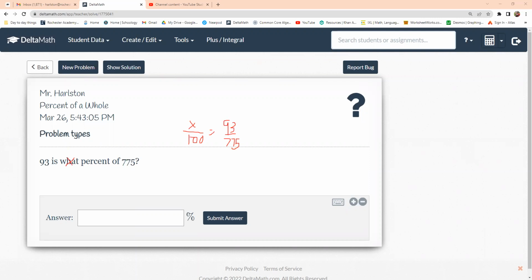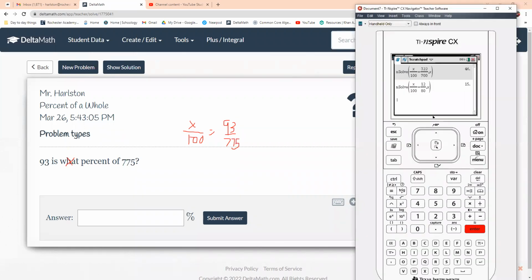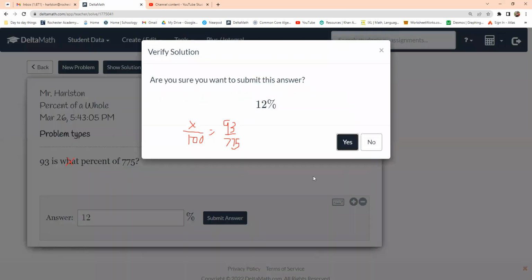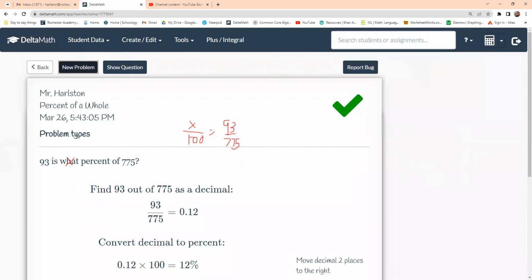If I go to my calculator and do menu 3, 1, it's x divided by 100 equals 93 divided by 775, and then I put the comma and x. It says that represents 12%, and I submit it, and that says wonderful. Then let me clear all this stuff.